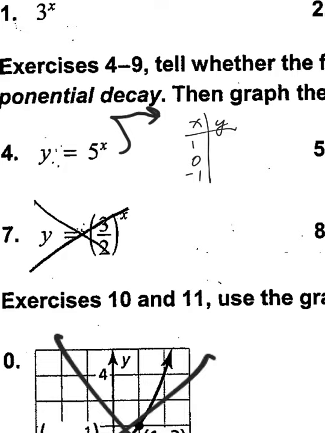So 5 to the 1 power is 5, 5 to the 0 power is 1, and 5 to the -1 is 0.20, but it's 1/5. Okay, 1/5. So at least you can get those 3 points for that graph, and in terms of the test, getting at least 3 points is going to do it. All right.